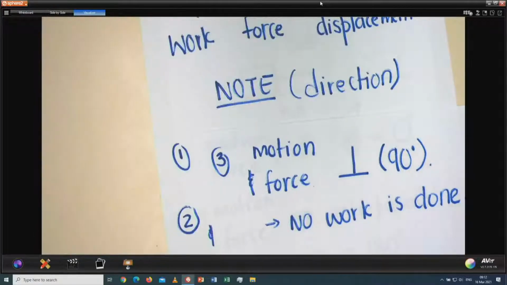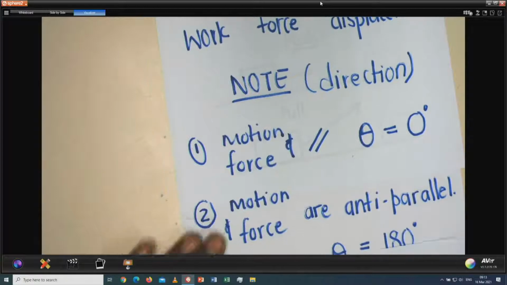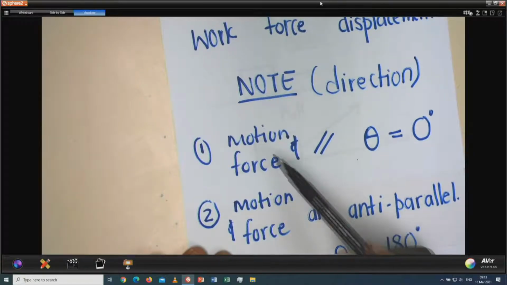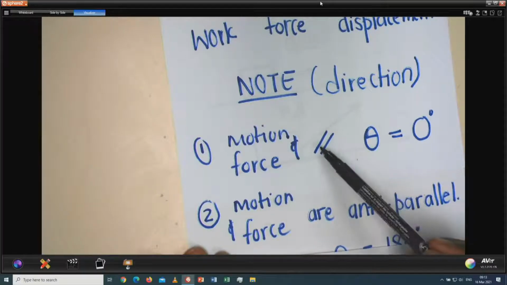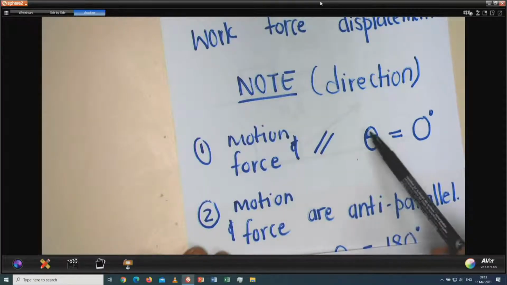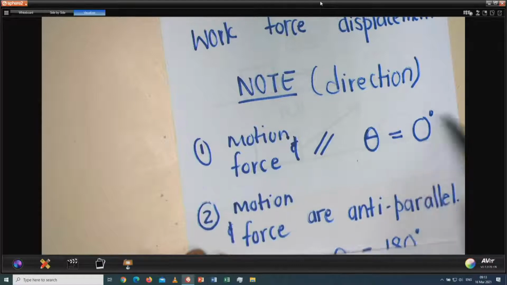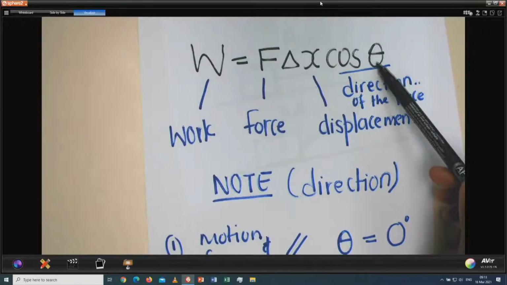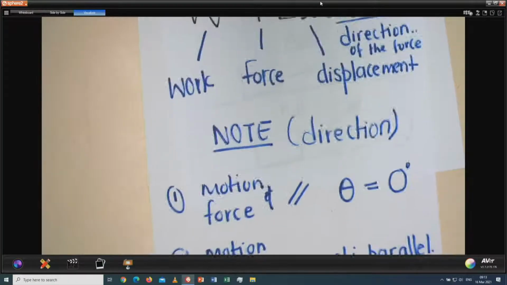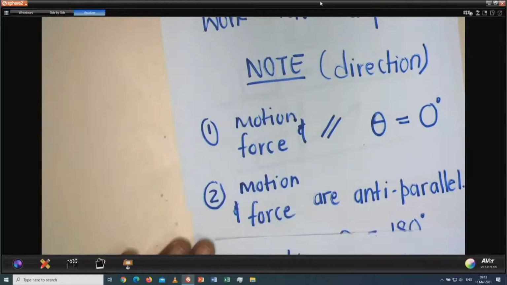Now, what we must note is that first, if the motion in which the object is moving and the force are parallel to each other, then the angle theta, this is the angle in the formula, will be equal to 0 degrees.